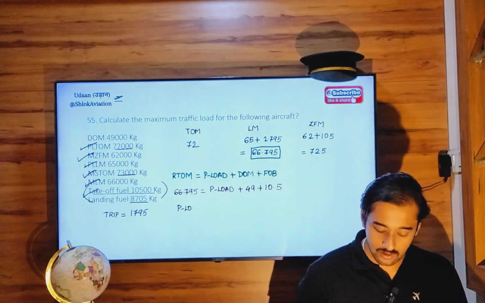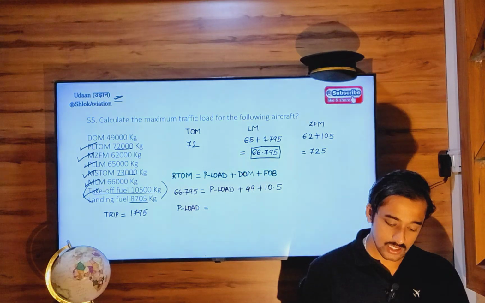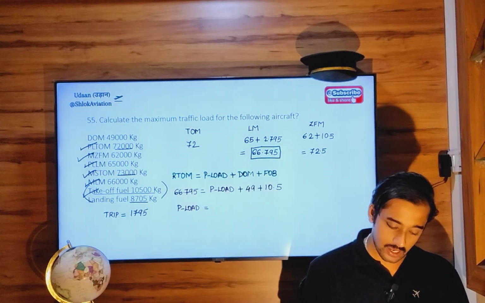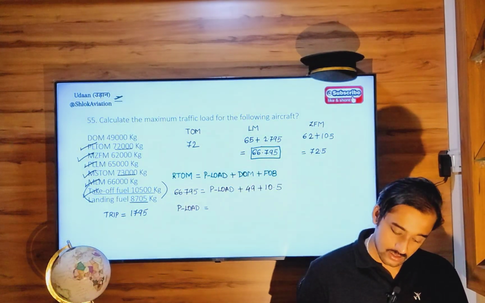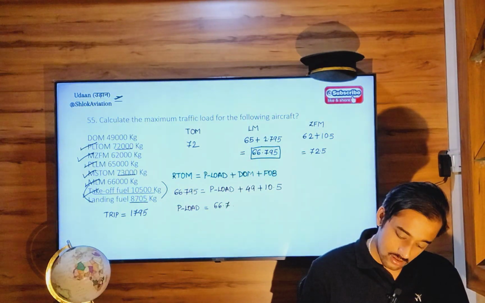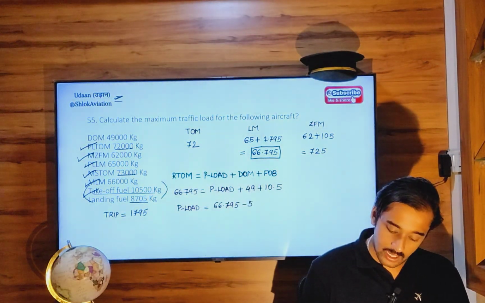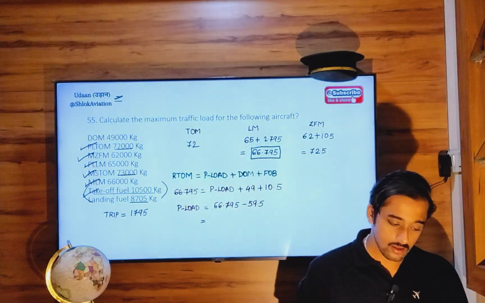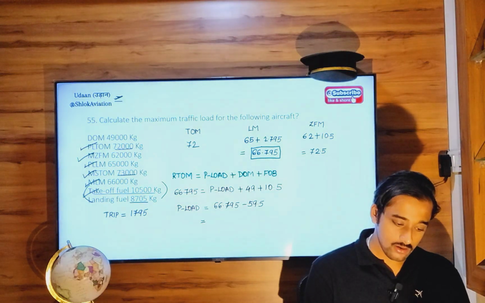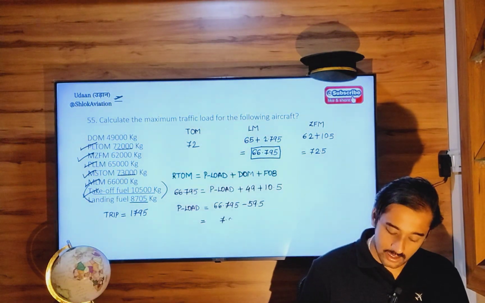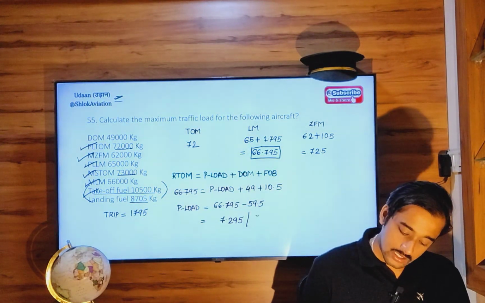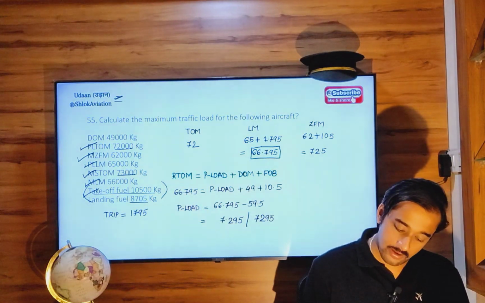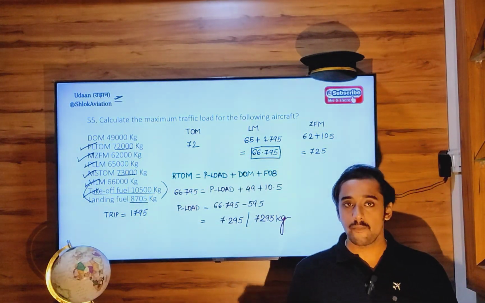So payload will be equal to 66.795 minus 59.5, which is 7.295 or 7,295 kg. So this is the payload.